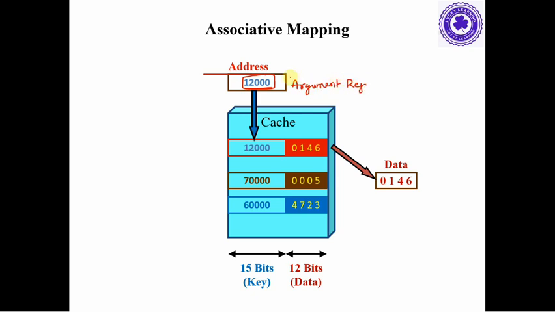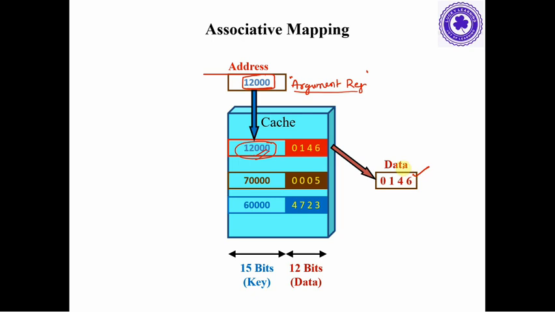That argument register stores the address of main memory which is sent by the CPU. Now the value in this argument register is compared with the address part of the cache memory. Wherever the address part of the cache memory matches, the corresponding word is read out from the cache and used by the CPU.